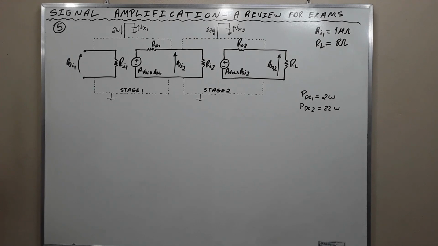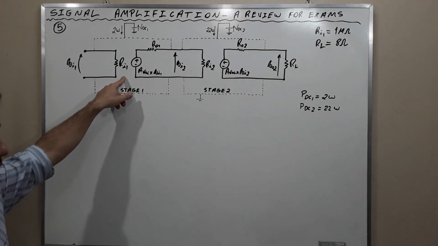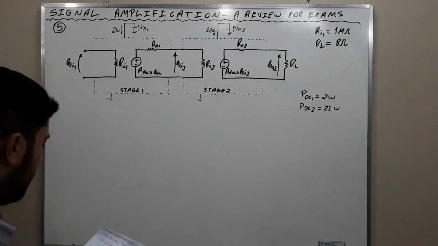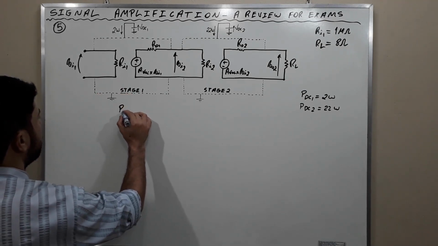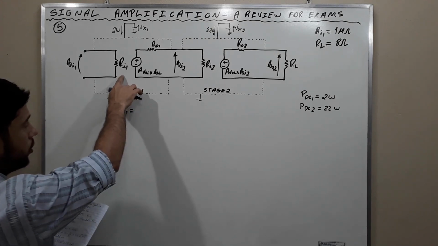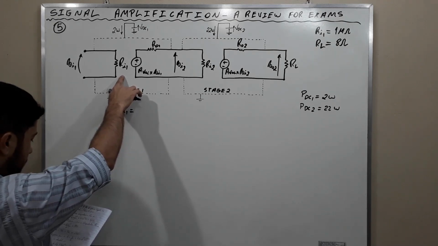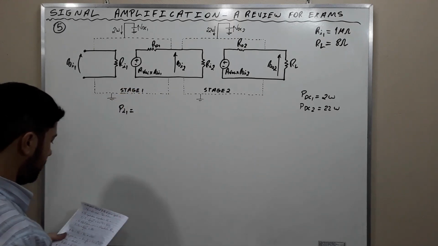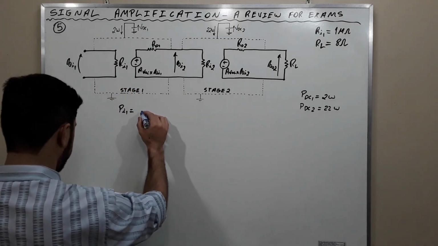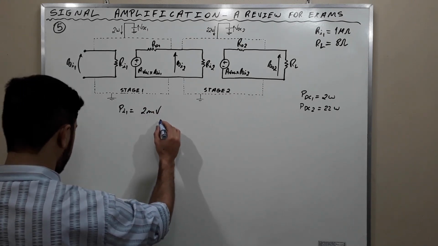Let's calculate the dissipated power on Ri1. Ri1 is here, and its resistance is 1 mega ohms. Okay? PI1, the input power, which is also the dissipated power on Ri1, is 2 millivolts.